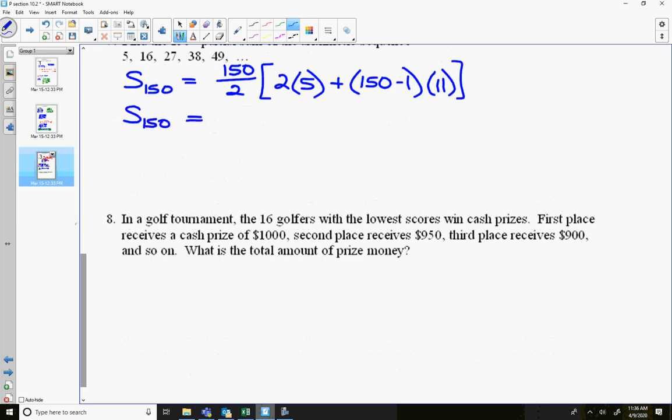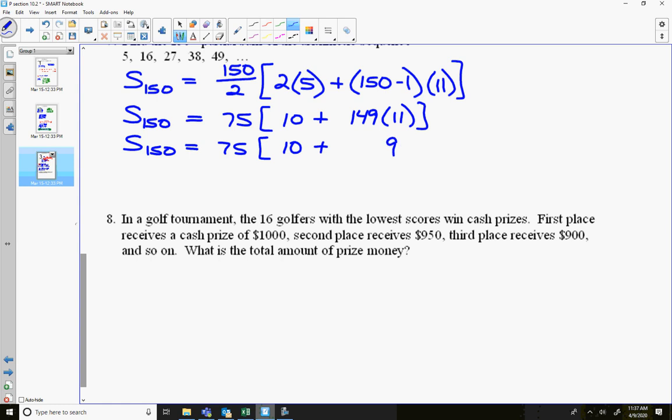All right, and then just clean up the math. So 10 plus 149 times the 11.